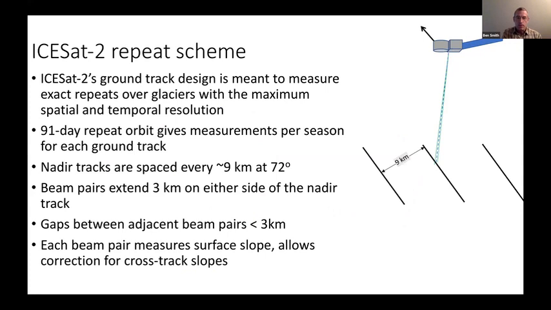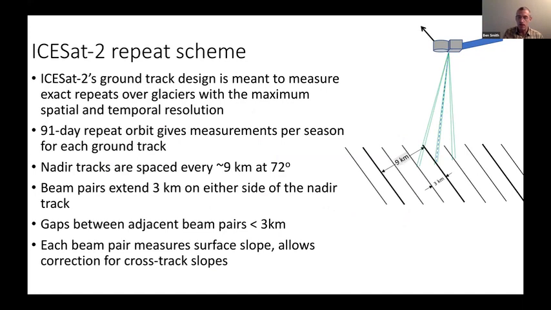I think this is probably a review of what people have said before, and I realize that this slide is old enough that it was generated with a different aspect ratio, so all of my tracks are a little squashed. But you can see the dense tracks that you get from repeating the same measurements over and over again. At 72 degrees north, our reference tracks, our nadir tracks, are 9 kilometers apart.